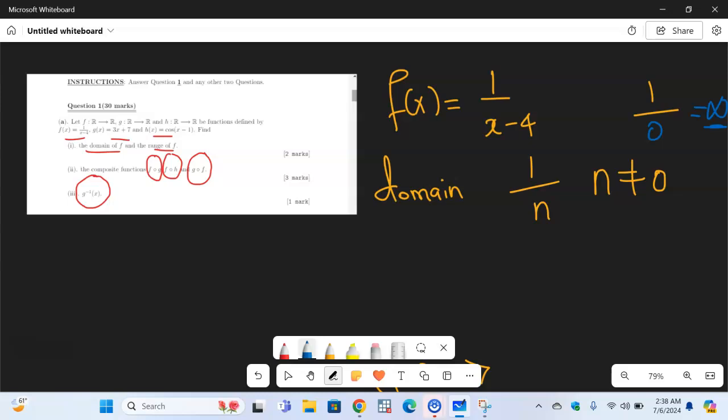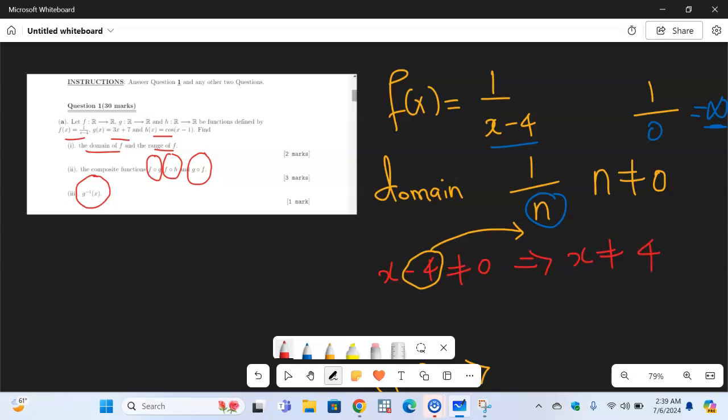So what is our n in this case? We have x minus 4. So the domain here means that x minus 4 should not be equal to 0, which therefore means that x should not be equal to 4.